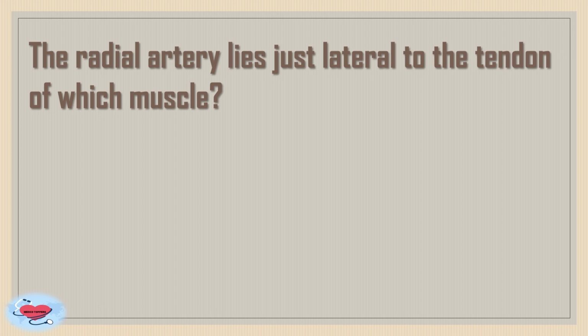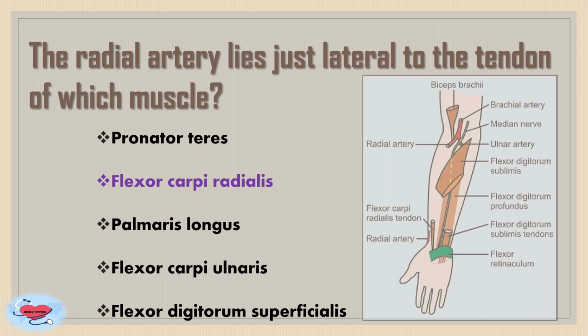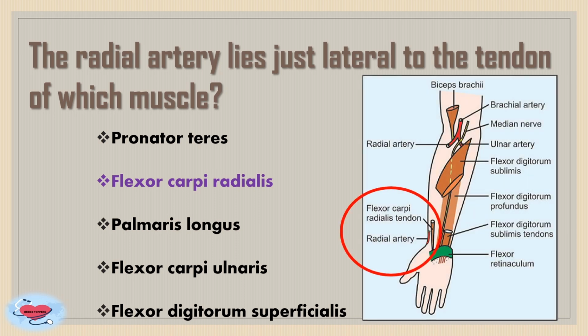Next question. Radial artery lies just lateral to the tendon of which muscle? Before going to the options, we'll see this image. As you can see in this image, the most lateral part is radial artery, and we have a tendon of flexor carpi radialis which is there nearby.